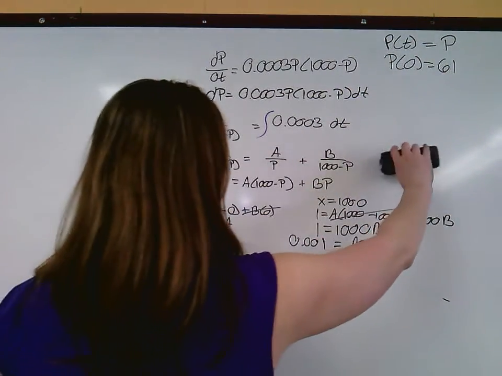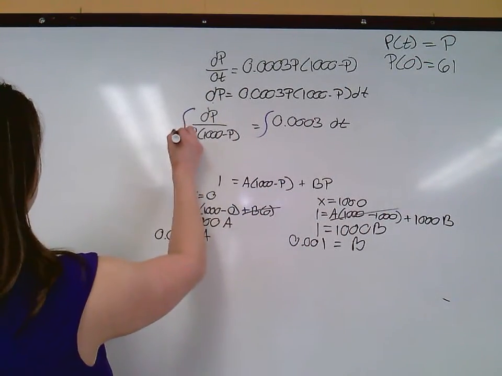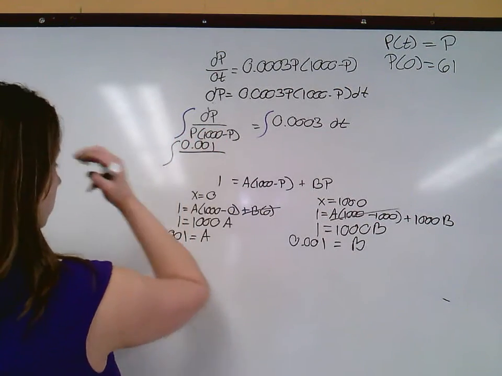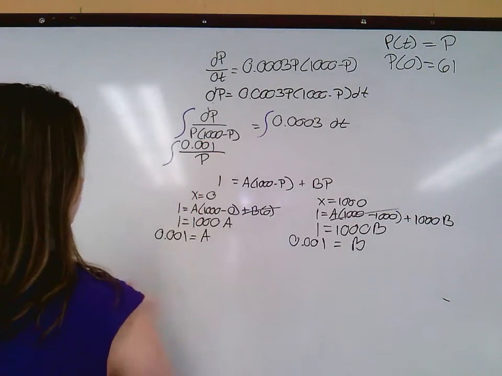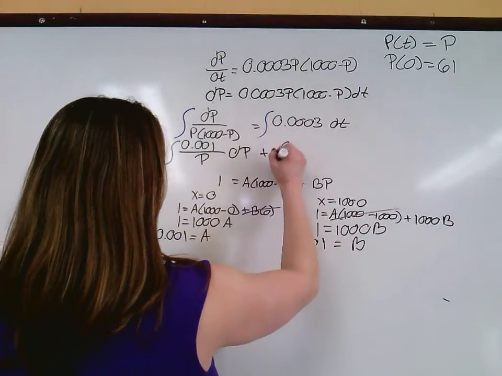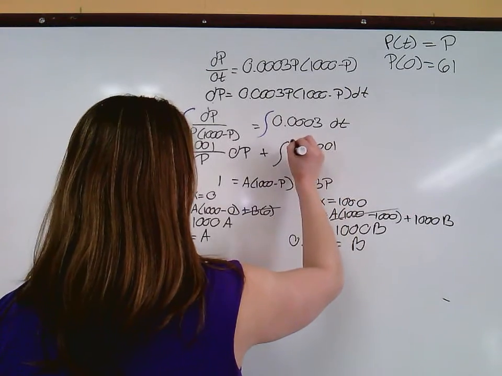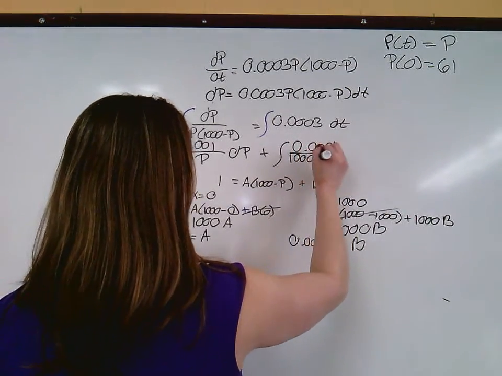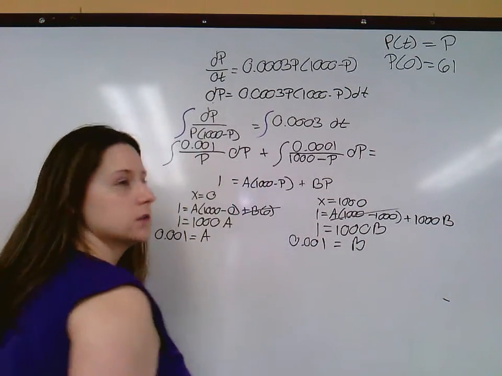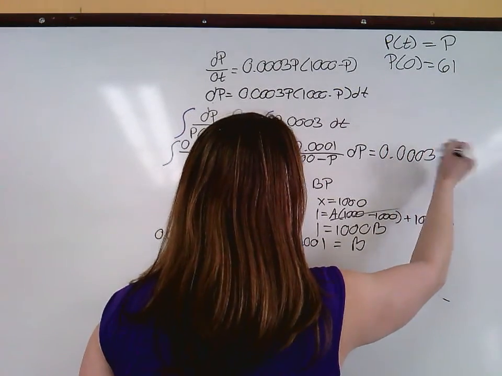So this is going to become 0.001 over P, that was A, dP plus 0.001, this is B, over 1,000 minus P dP, which is going to give you 0.0003 dt.